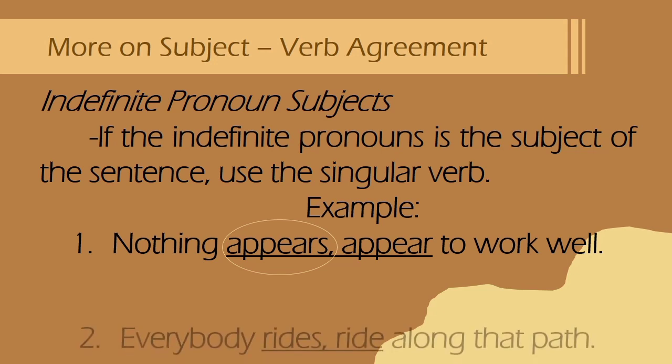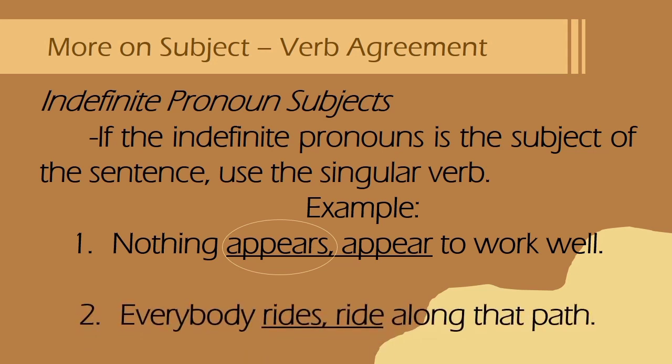Example number 2, everybody rides along that path. Everybody is the indefinite pronoun and also the subject in our sentence, so we are going to use the singular verb, which is rides. So the sentence is everybody rides along that path.